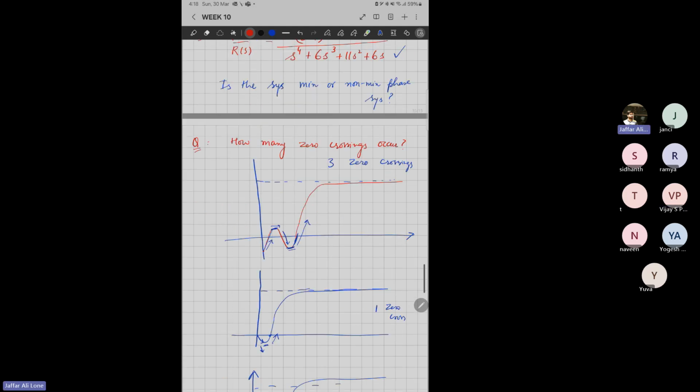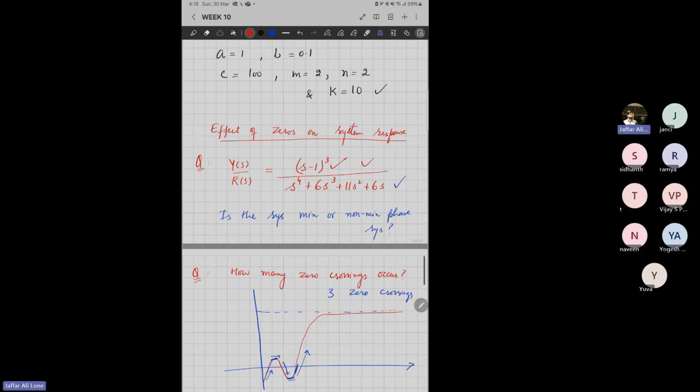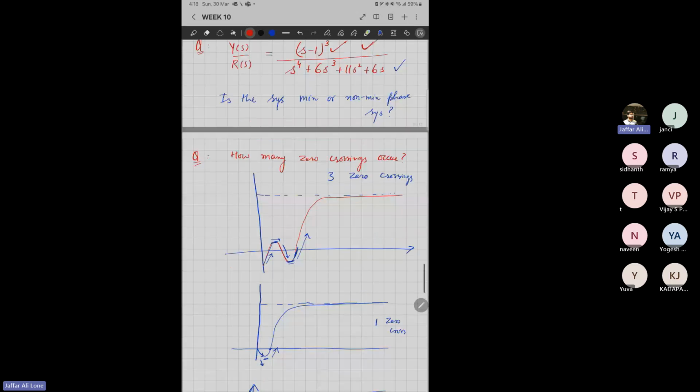For this system, we know there are 3 zero crossings. But now we need to find out the time when this first zero crossing happens.